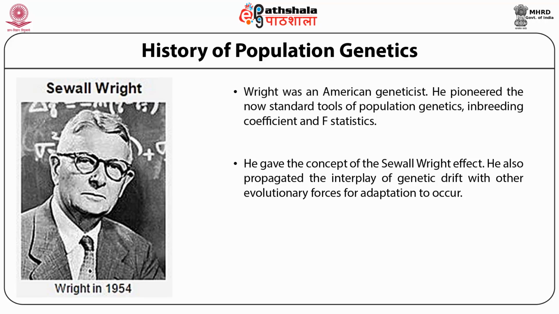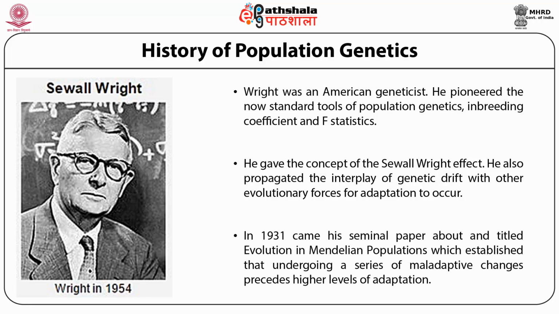For this, he devised the method of path analysis and used the path coefficient to describe the outcome of inbreeding, assortative mating and selection. In his seminal paper titled Evolution in Mendelian Populations, he established that maladaptive changes precede higher levels of adaptation.